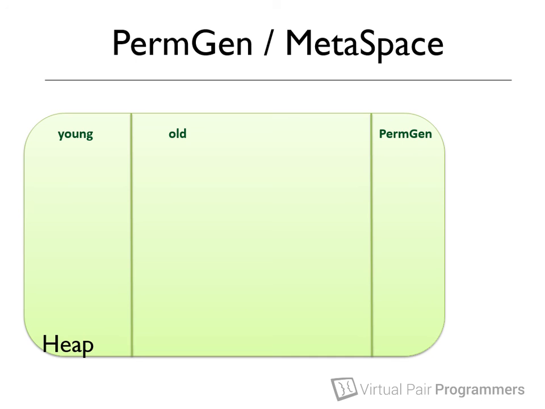Because there's no garbage collection on the PermGen, it will never get cleared out, and what this means is that if you redeploy onto a large server a number of times, eventually the PermGen will run out of space.